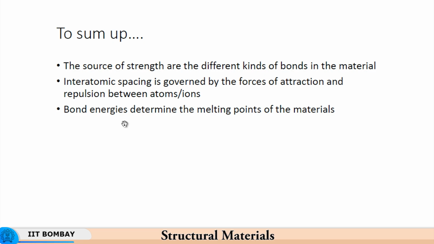Bond energies determine the melting points of materials. Bond energies also determine the mechanical behavior of the materials. Typically, if the bond energy is very high, the material is difficult to deform. It has a very high threshold load beyond which it becomes permanently deformed. So you can deform the material under elastic conditions for a large load, and beyond that large load you can get some amount of permanent deformation.